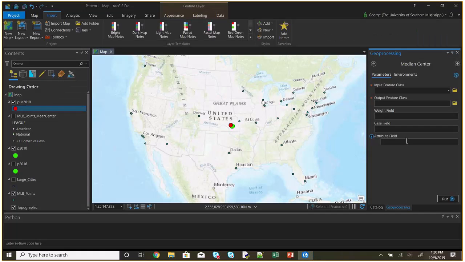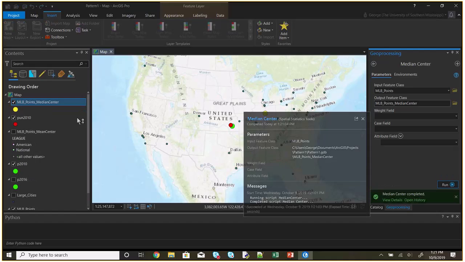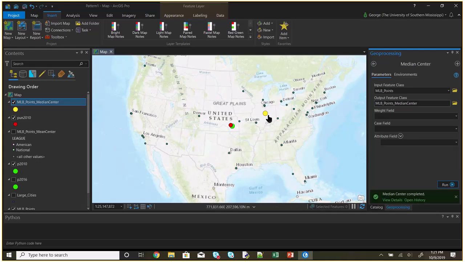All right, so if we do the Major League Baseball points and we just press go, then it will tell us the most centrally located Major League Baseball team. Okay, so I was a little bit wrong.